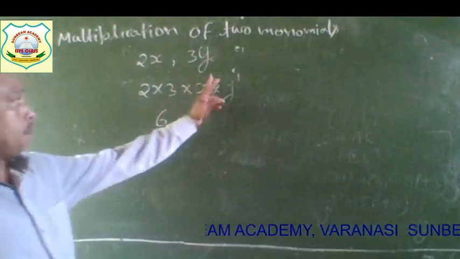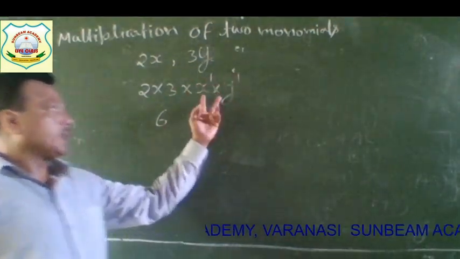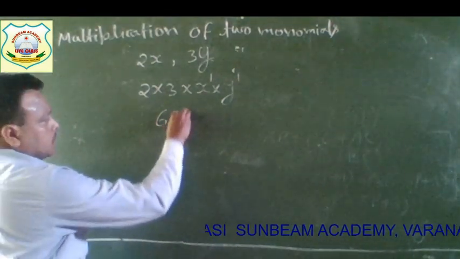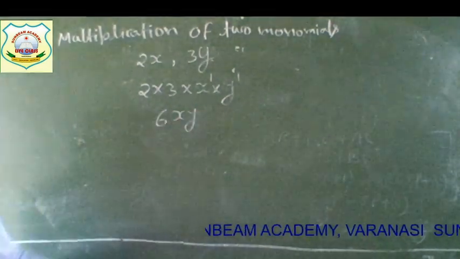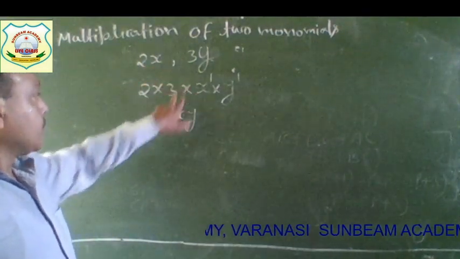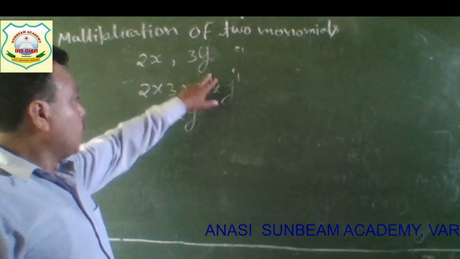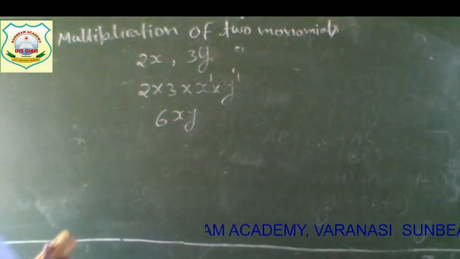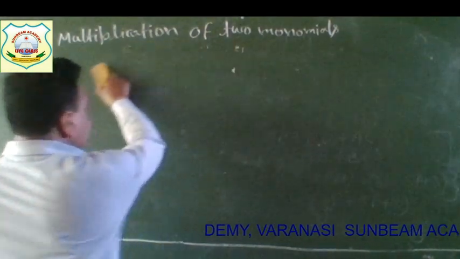Students, here the power is the same, but the variables are different. So what answer will you write? 6xy. It will be your answer. 2 into 3, that is 6, and x into y, that is xy. Clear, students?